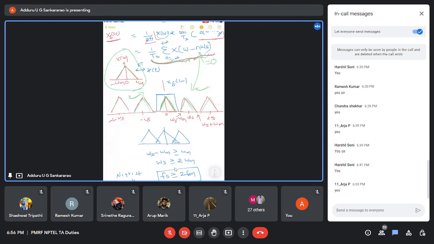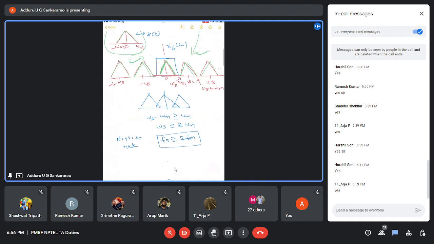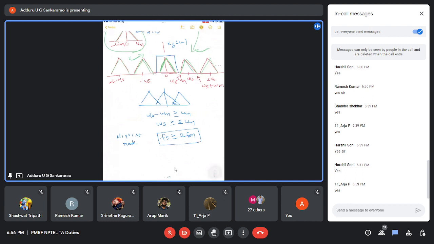Now, I think from this we can derive the Nyquist criteria. This is not required for this, but just in the context I'm explaining it. Suppose you want to use a low pass filter to reconstruct only this. Let us say this is the frequency response of the low pass filter.